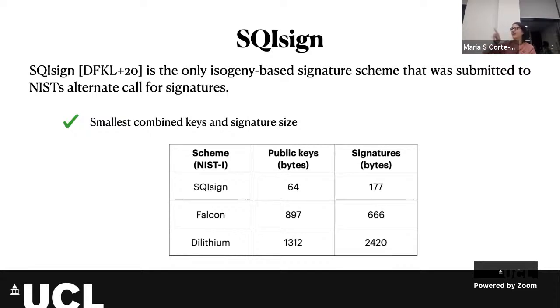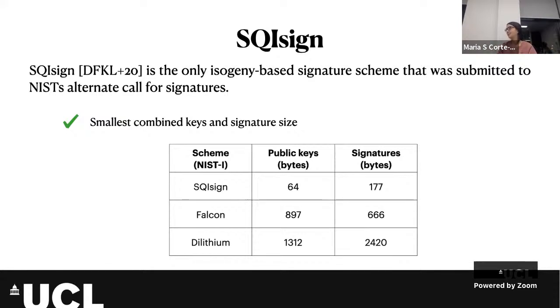Here I've compared it with Falcon and Dilithium, which are the standardized signature schemes. As you can see, the public keys and signatures are a lot smaller, and they're actually comparable to elliptic curve signatures, which is very nice.